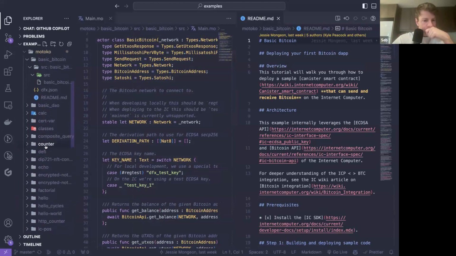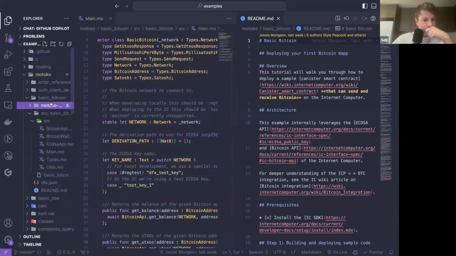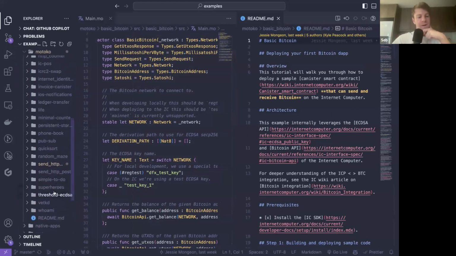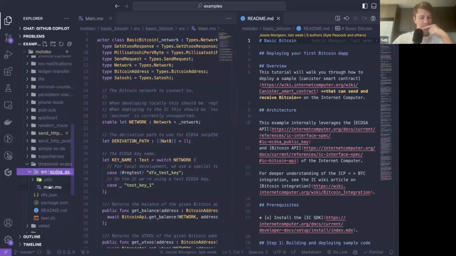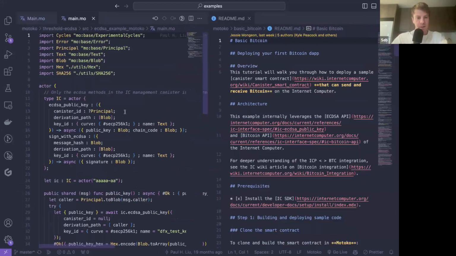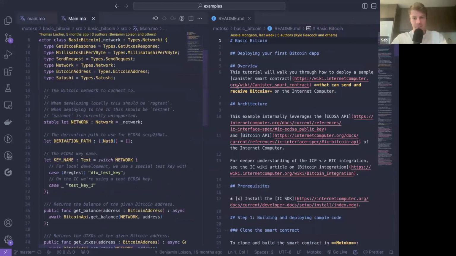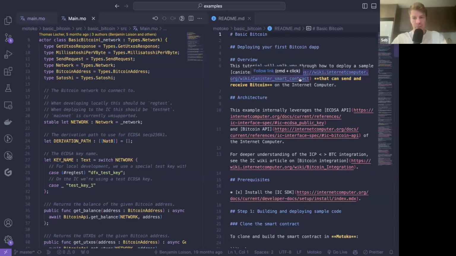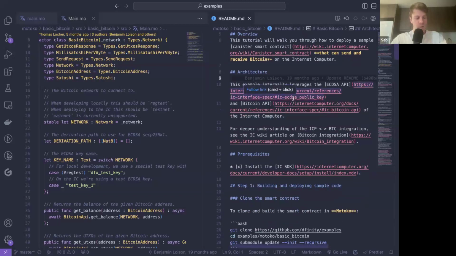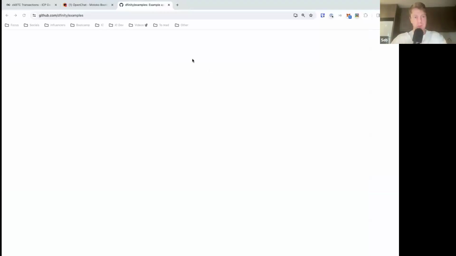And there is the threshold t-ECDSA example. Okay, so let's start with the first one. If you are interested, I can show you the link to this repository.